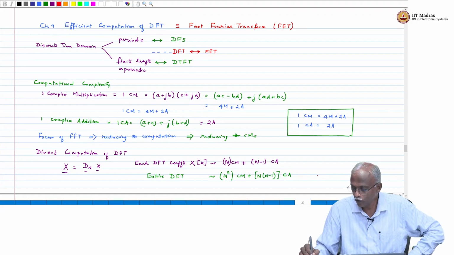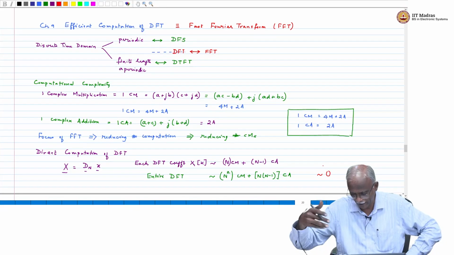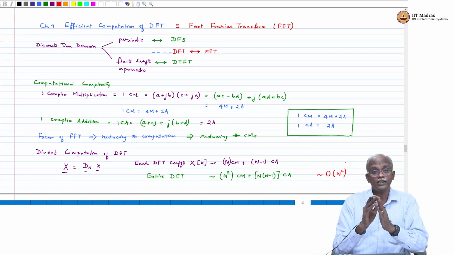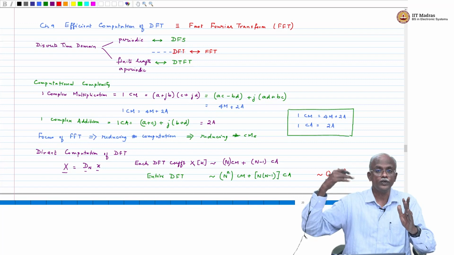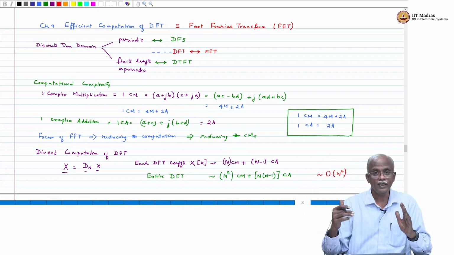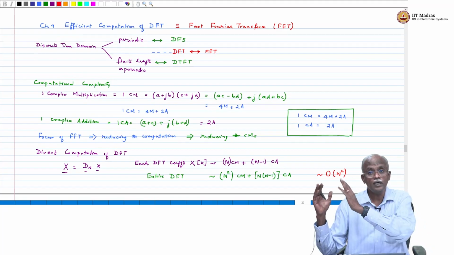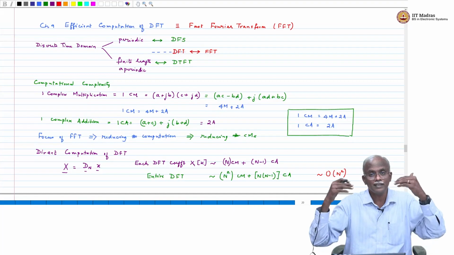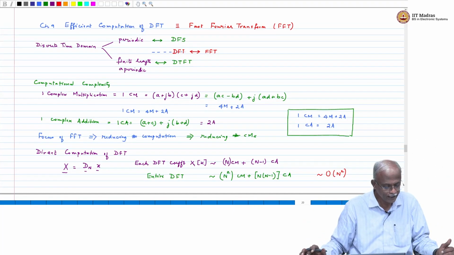This O stands for order, that means it's some factor related to that, order of n squared. So if the size of your FFT increases, your complexity is going to increase as the square. A 16-point DFT compared to a 32-point DFT will be a factor of 4. So basically the complexity grows as the square of the size of the DFT.